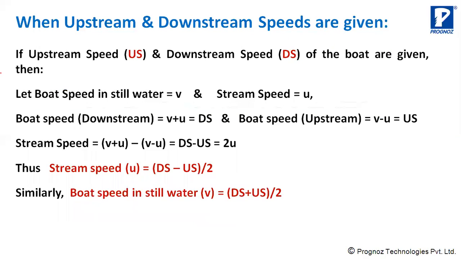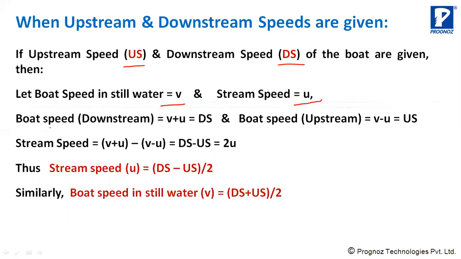Now let's say this. Many problems will be there in which upstream and downstream speeds of the boat are given, and you'll have to calculate the stream speed, or the speed of the boat in still water, or maybe some other parameter. So if upstream speed is given as us and downstream speed is given as ds, then let the boat speed in still water be v and stream speed be u.